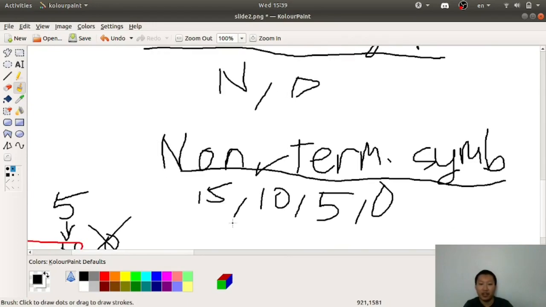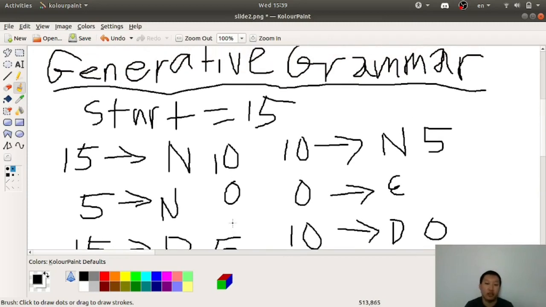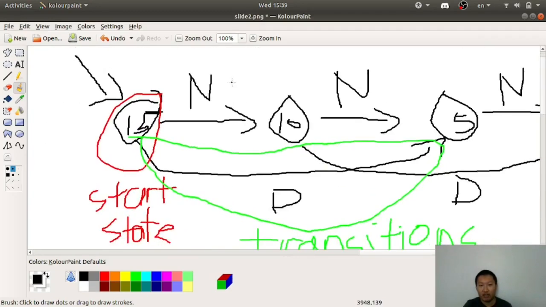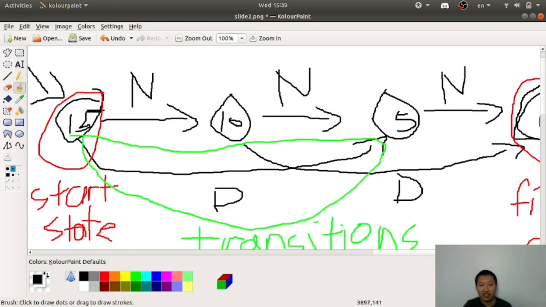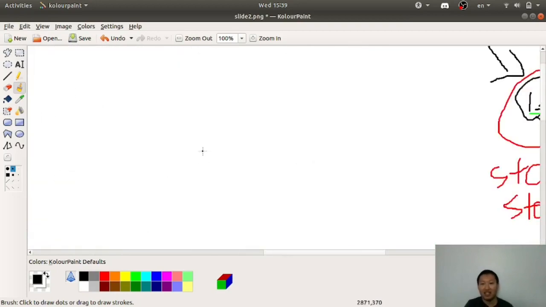And you might notice there are some direct parallels between this way of thinking about the grammar of the language, and the finite state automaton of the language. It turns out these two approaches are exactly equivalent. You'll notice the terminal symbols are exactly like the alphabet that we use for the finite state automaton, and the non-terminal symbols are exactly like the states of the automaton.